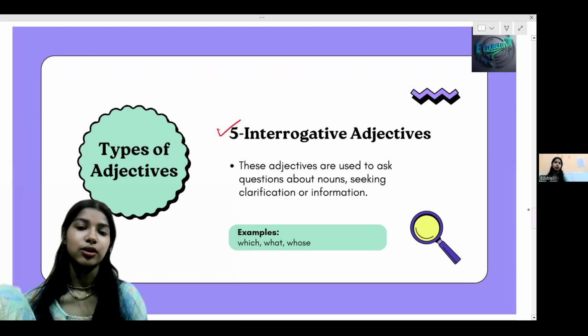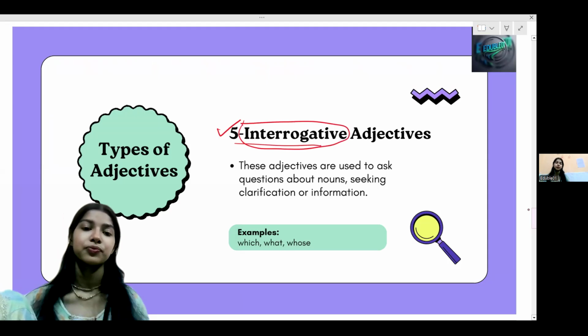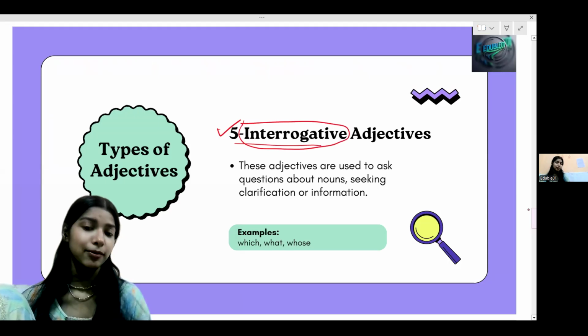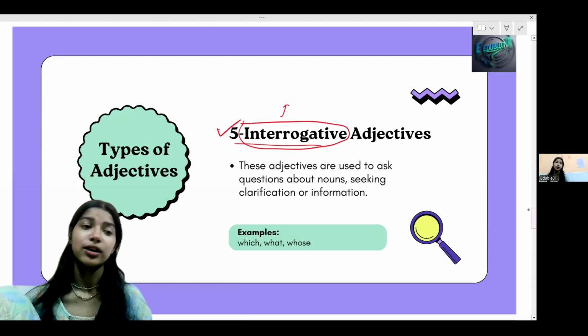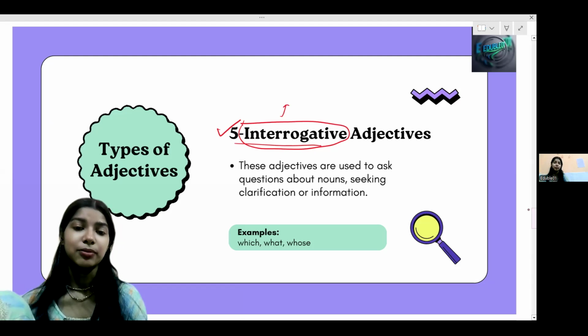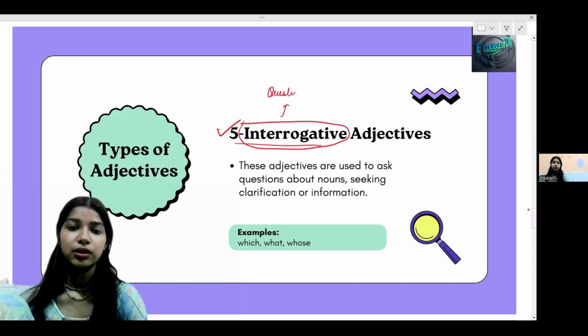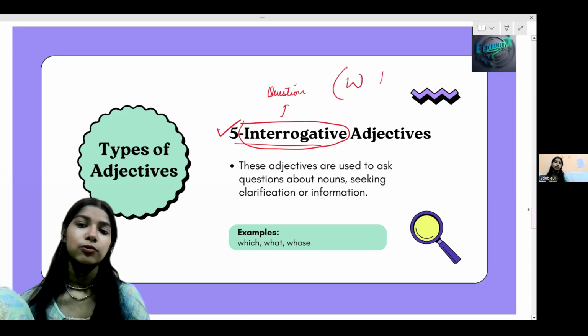Next is interrogative. I always told you when we were doing a quick learning about types of adjectives, anywhere we are going to see the word interrogative, that tells about a question. Or you can say the W family. What is the W family?